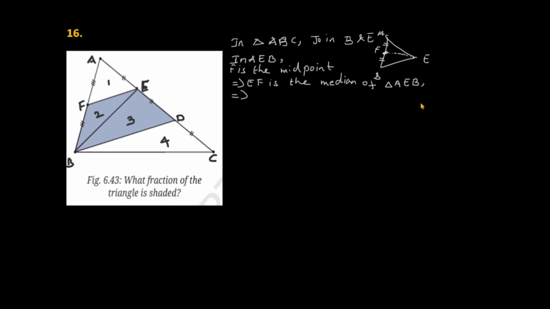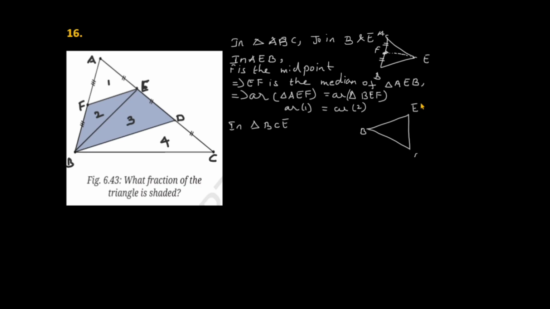So that implies area of triangle AEF is equal to area of triangle BEF, which means area of 1 is equal to area of 2. We got this result. Next, the next triangle I am going to take is BCE. So look at the triangle BCE, it is like this. The vertex B is here, the vertex E is here, the vertex C is here.